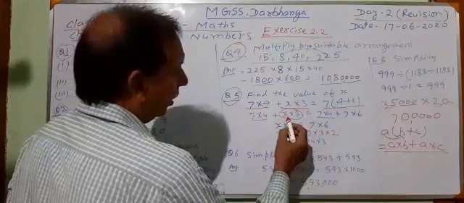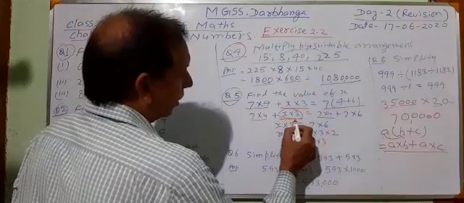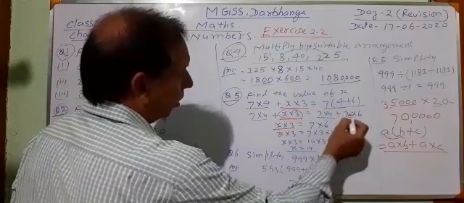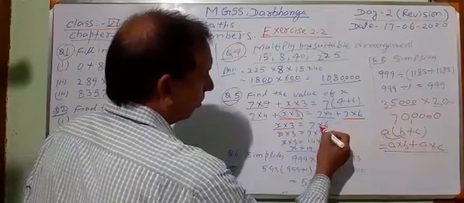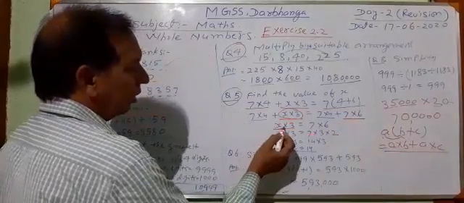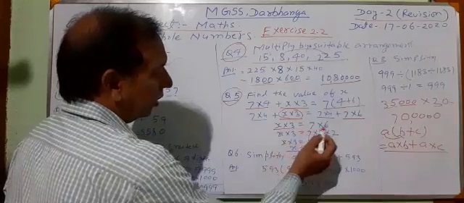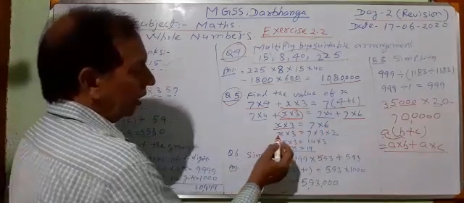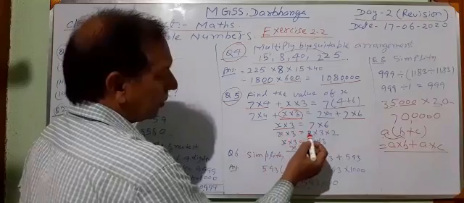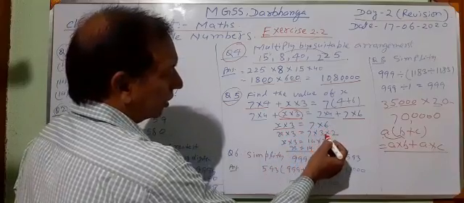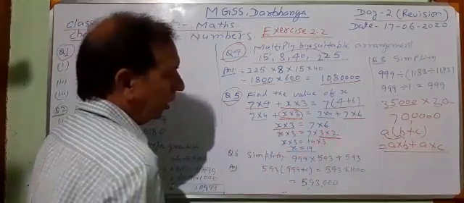Now what will remain? Here is x multiplied by 3 on the left side, and on the right side, what is left? 7 multiplied by 6. Again write here x multiplied by 3, and 7 multiplied by 6 can be written as 3 multiplied by 2.